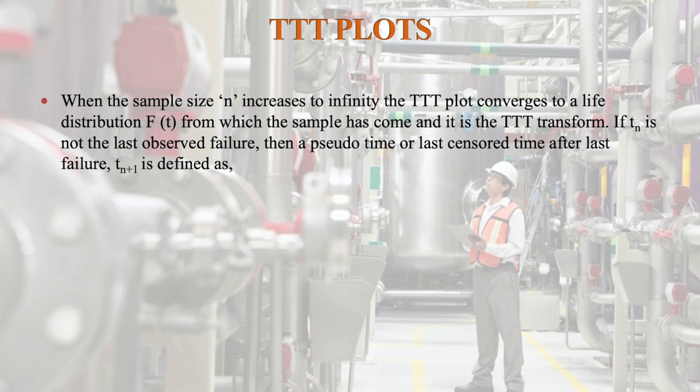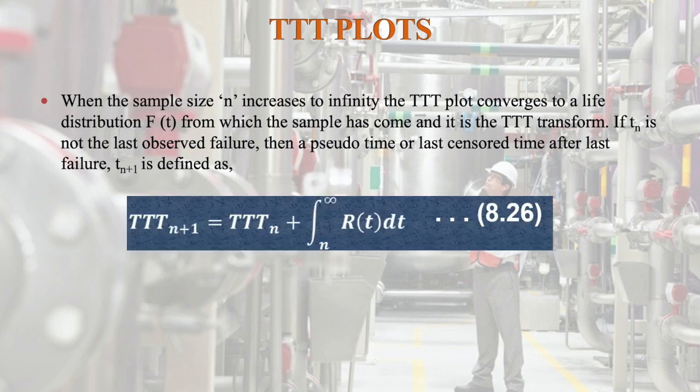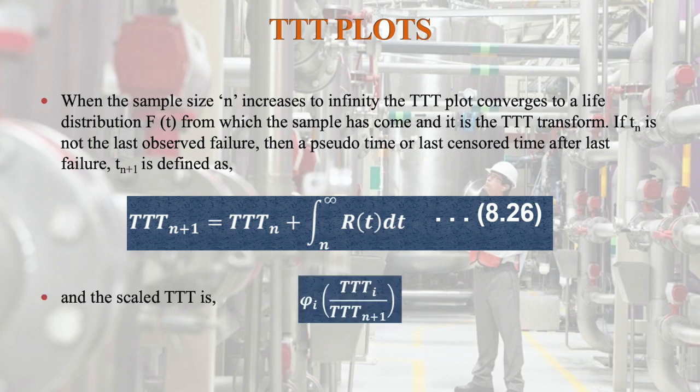If Tn is not the last observed failure, then a pseudo time or last censored time after the last failure Tn+1 is defined as TTTn+1 = TTTn + integral n to infinity R(t) dt, and the scaled TTT is phi i = TTTi by TTTn+1.